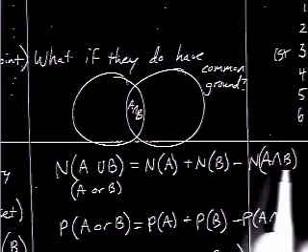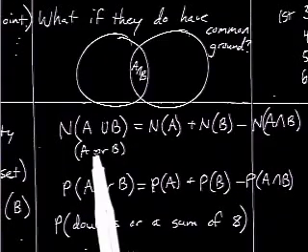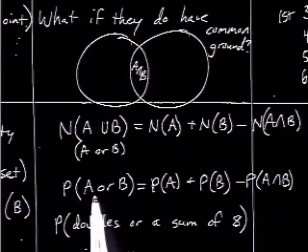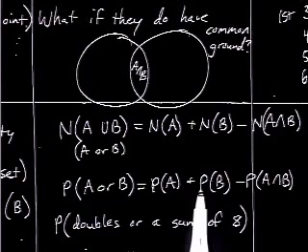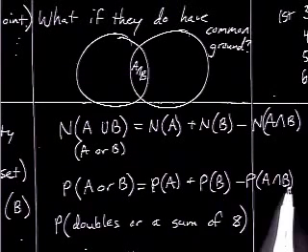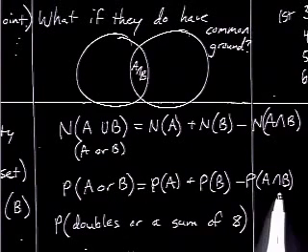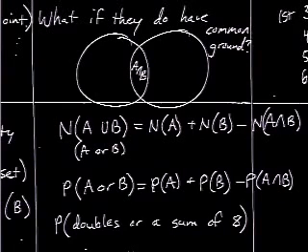Obviously, if you divide everything by the number of items in the sample space, you change this formula into a probability formula. The probability of A or B equals the probability of A plus the probability of B minus the probability of the intersection. This formula can be used in many different types of situations or problems.